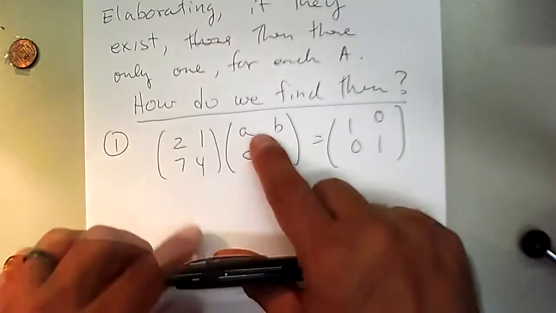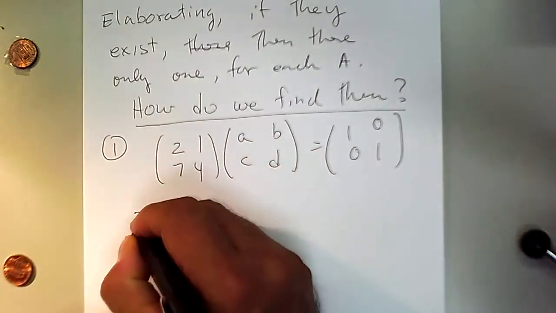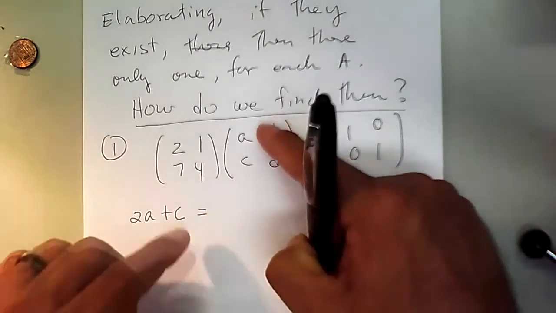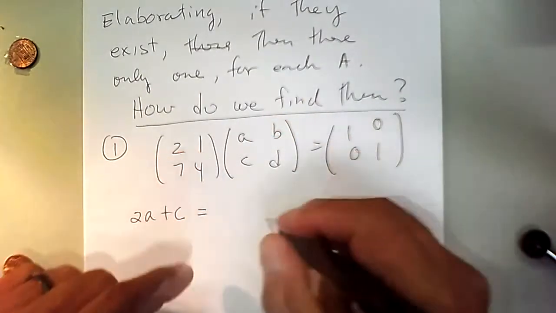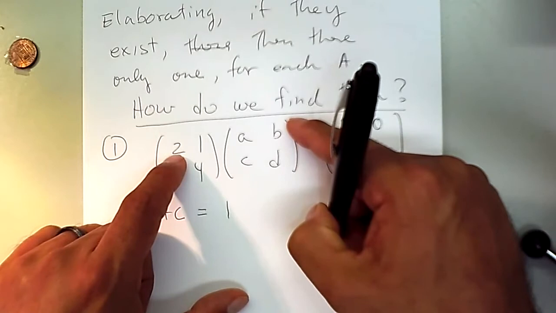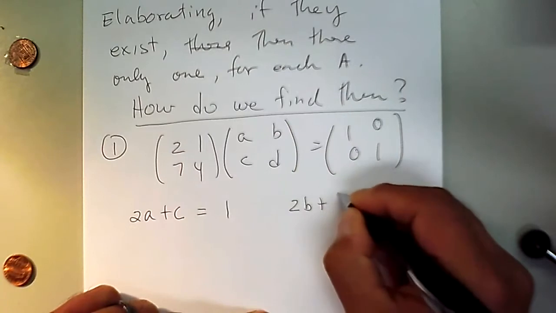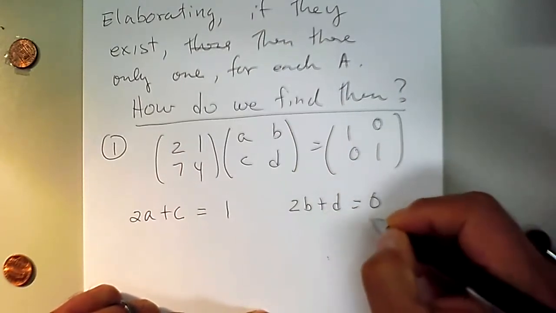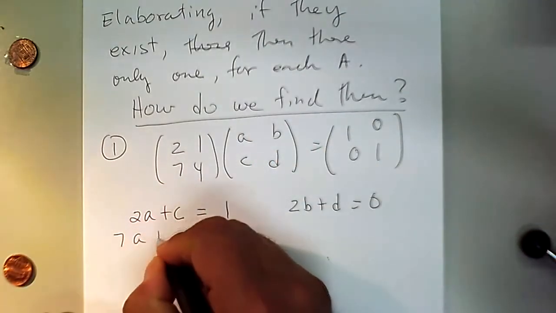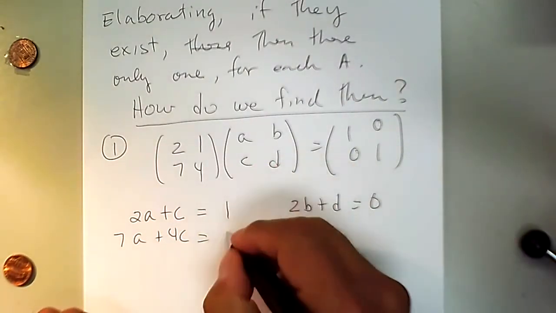If we multiply those two matrices, we end up with 2a plus c is equal to 1. 2b plus d has to be 0. 7a plus 4c equals 0.